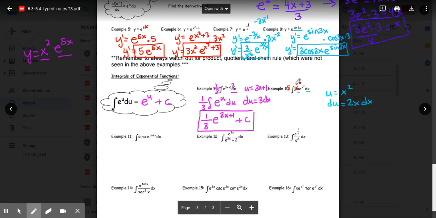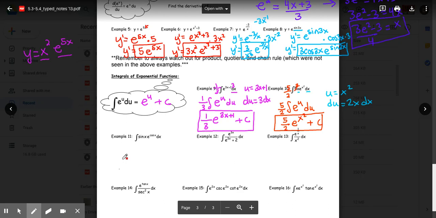All right, I'm going to put the 2 in that I need as long as I multiply by a half on the outside. So now it's 5 halves on the outside. This e to the x squared becomes e to the u. The rest of it, the 2x dx, becomes your du. And we just learned that e to the u du integrates to e to the u. So it would be e to the x squared, because that's my u, plus c.